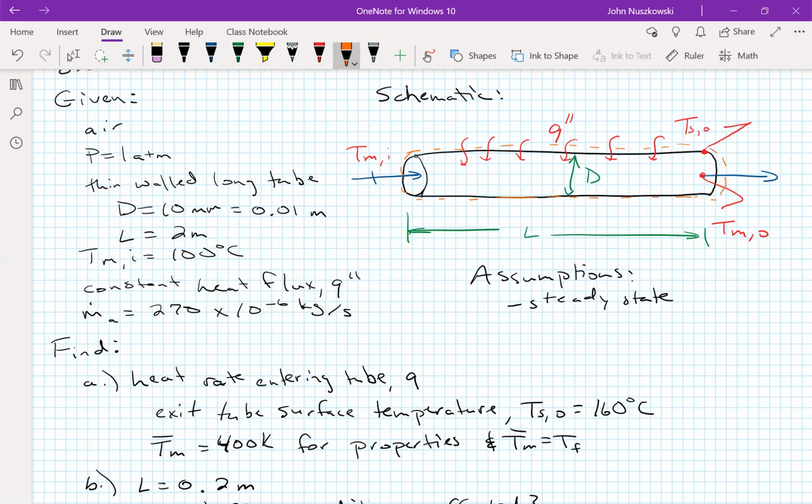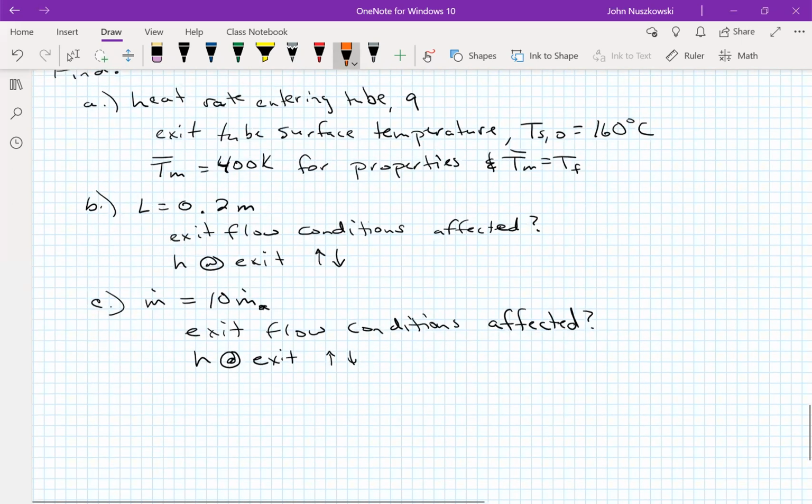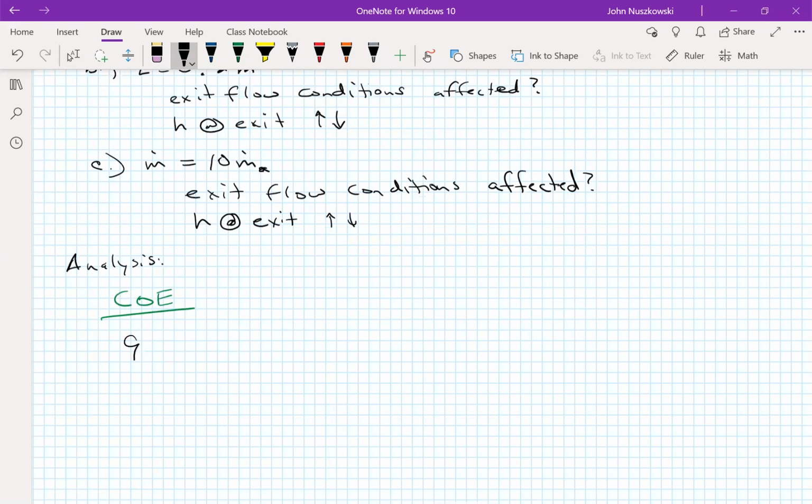All right, COE around that tube, we get Q equals mass flow rate times Cp times the mean outlet temperature minus inlet temperature.